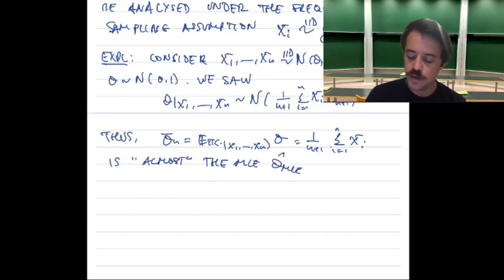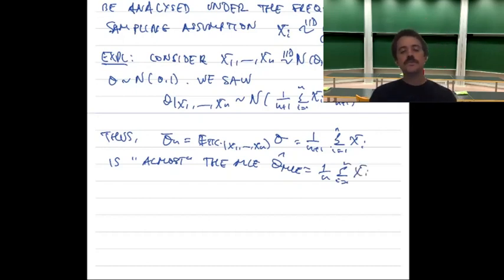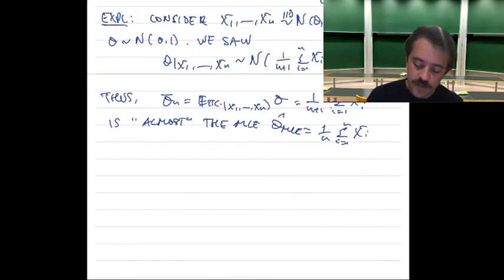I remind you that the MLE in this case is just the sample mean. Okay, and what does this mean? Well, this means that probably it's not too hard to analyze the behavior of the sample mean.